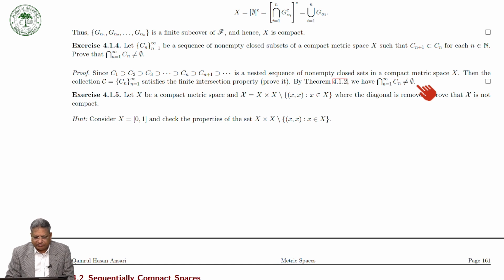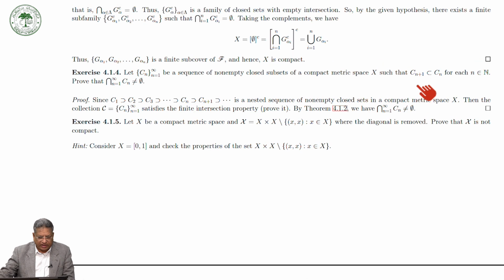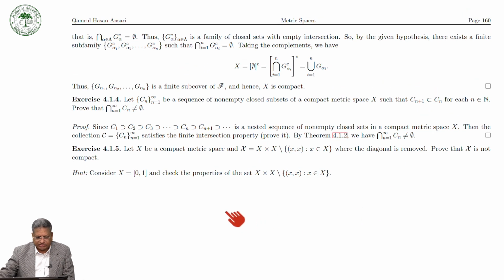Now we have the next exercise, and that is the last exercise in this section. Let X be a compact metric space and chi X is equal to X cross X minus the diagonal.